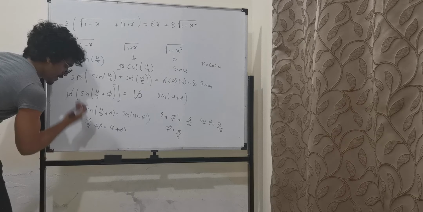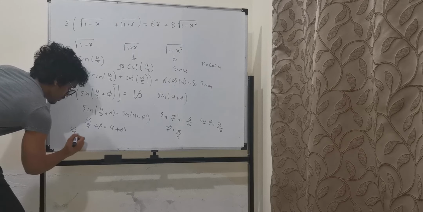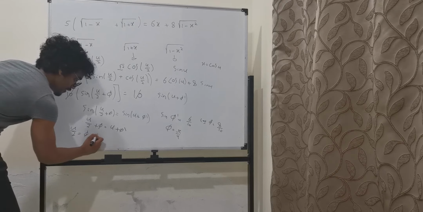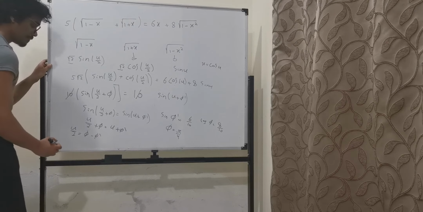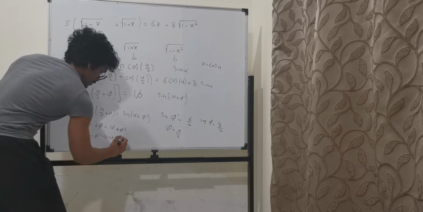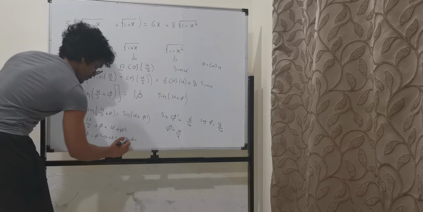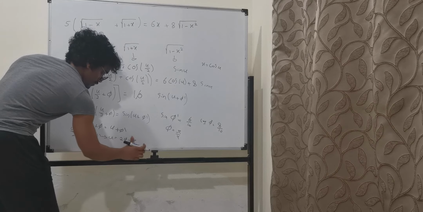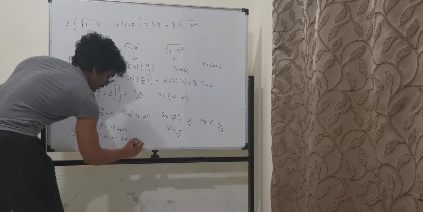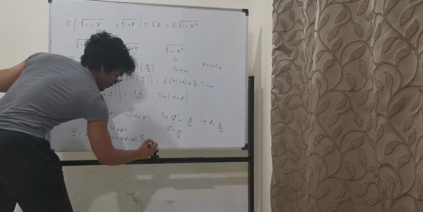From here we can solve for u: u divided by 2 will be equal to phi minus phi prime. So u will be equal to 2 phi minus 2 phi prime, which is just pi over 2 minus 2 phi prime.